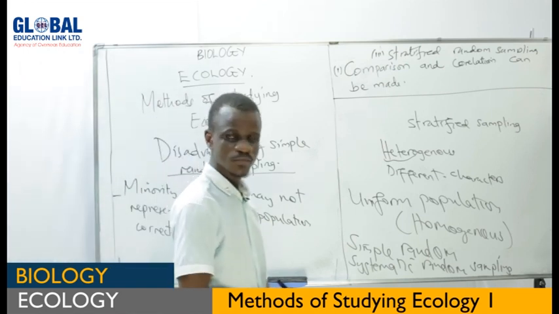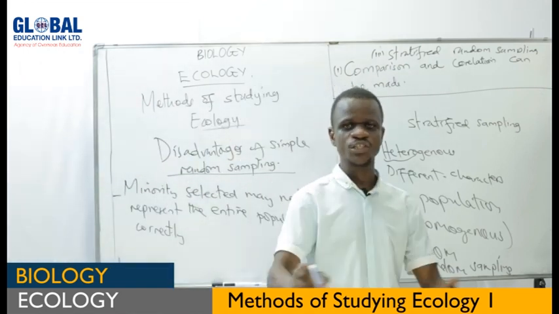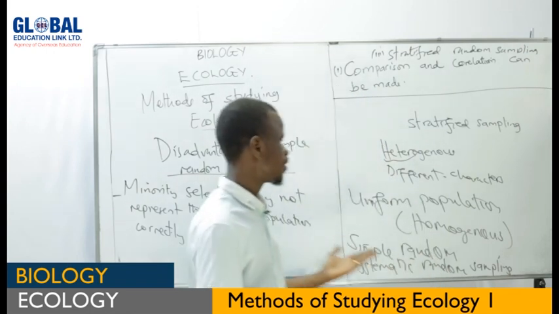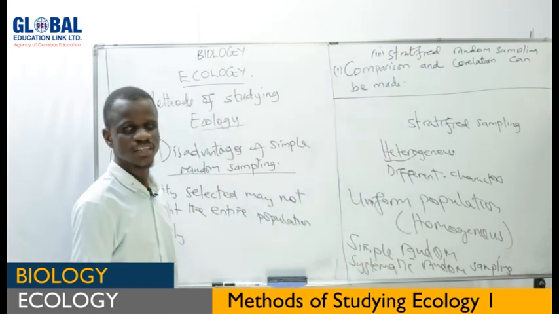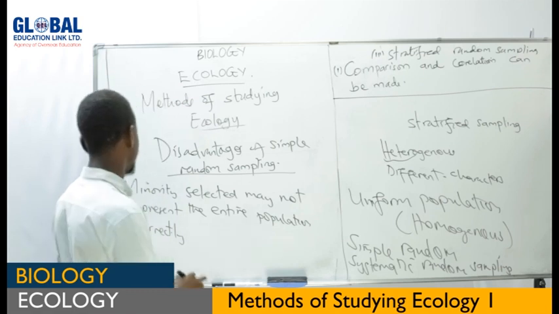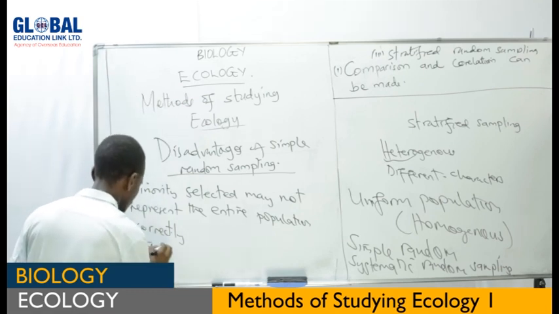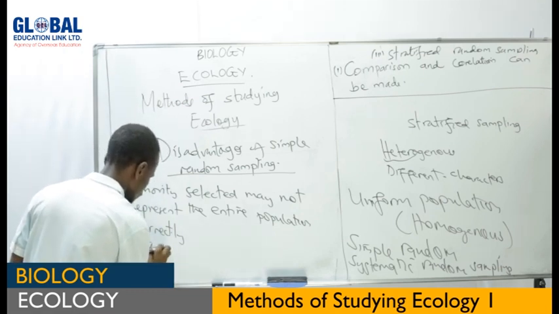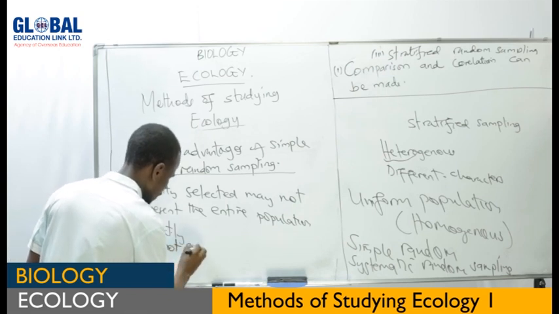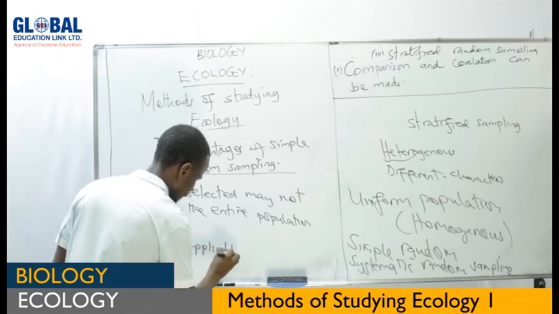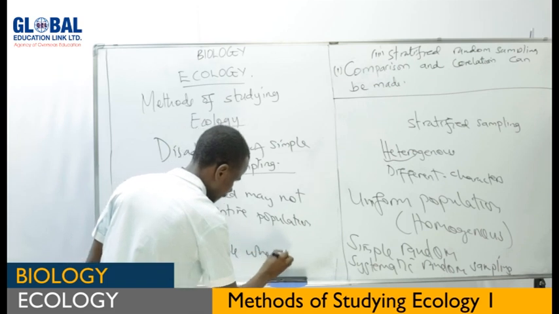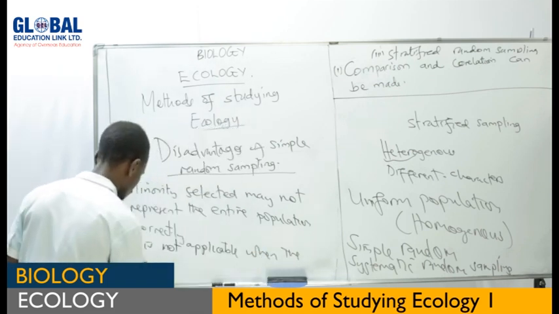My student, if you have a population which is heterogeneous, can you apply simple random sampling? Really, it is not applicable. It is not applicable when the population is heterogeneous.